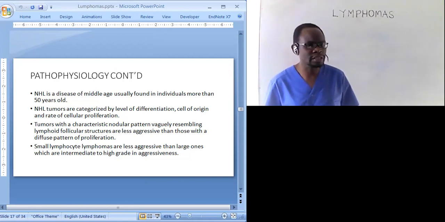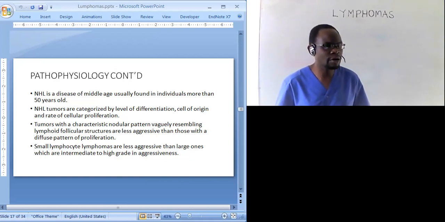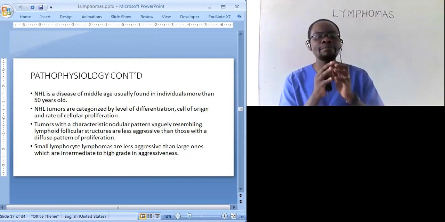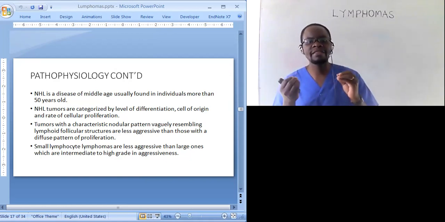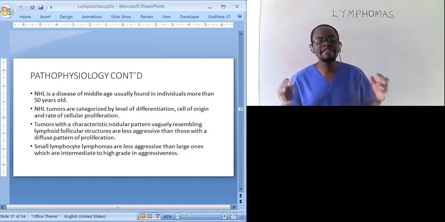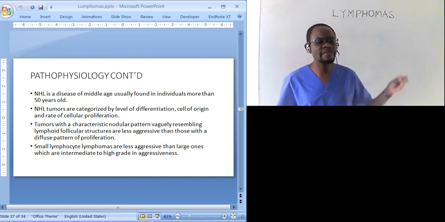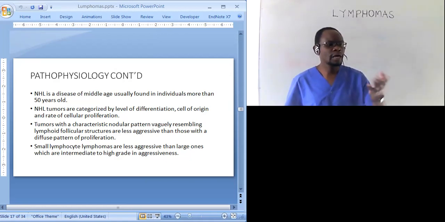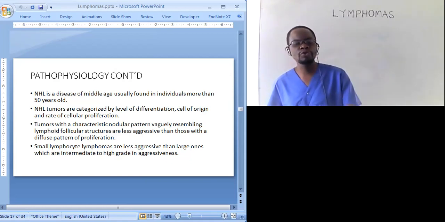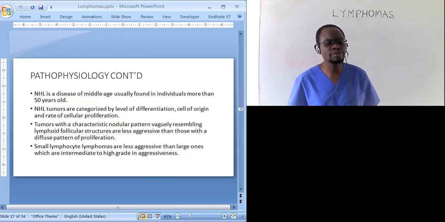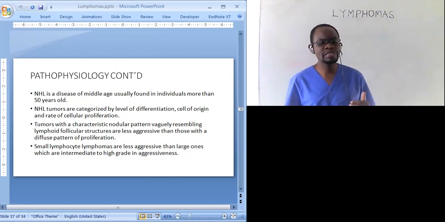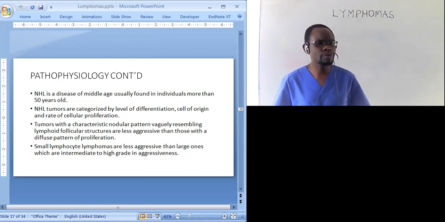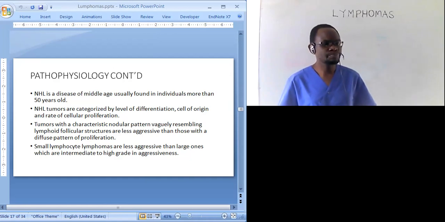But if they form follicular structures, if they clump with each other and form follicular structures, then they are not as aggressive as the ones that have a diffuse pattern of proliferation. And with diffuse, if you still remember what we said with leukemia, it's like flowing, yeah? That is basically what we mean by diffuse.